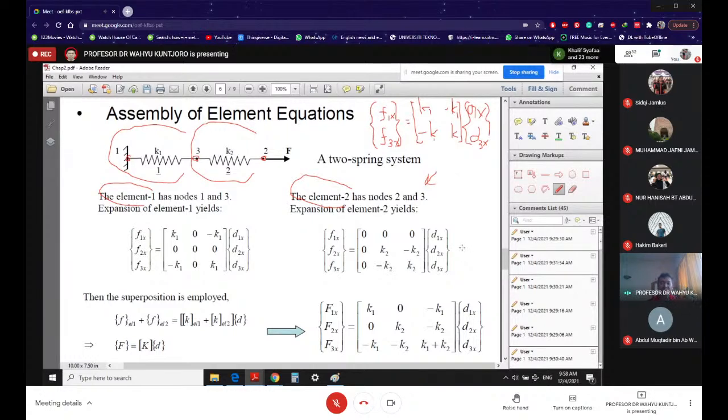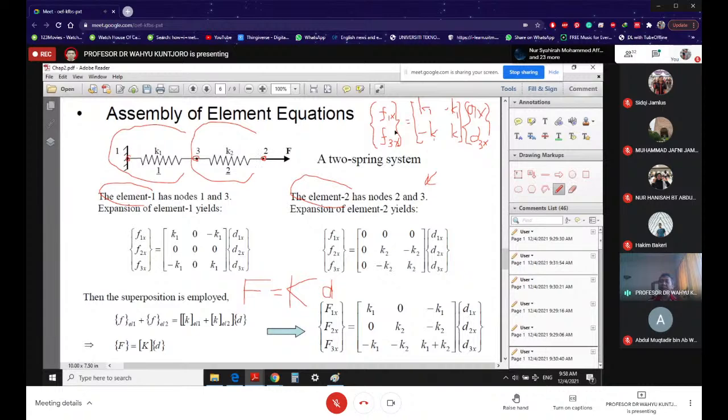The reason is because you are going to construct F equal to KD. You are going to construct this capital F and D. If you look at this here, remember the size of K for the structure is going to be 1, 2, 3, so 3 by 3.